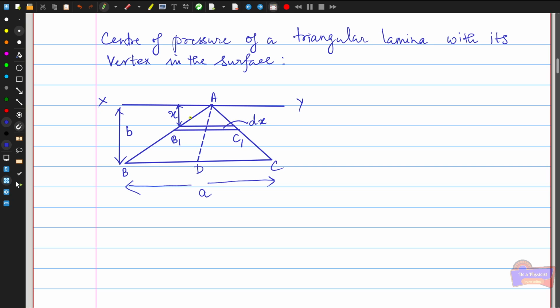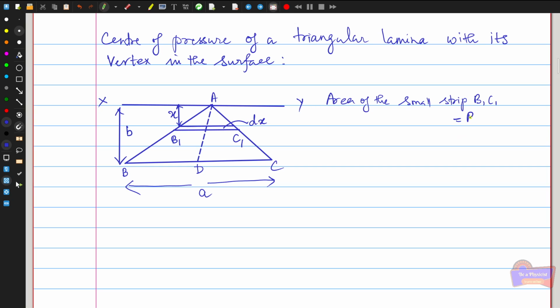Then we can find the area of this small strip B1 C1, which can be written as the total length B1 C1 times the thickness dx.